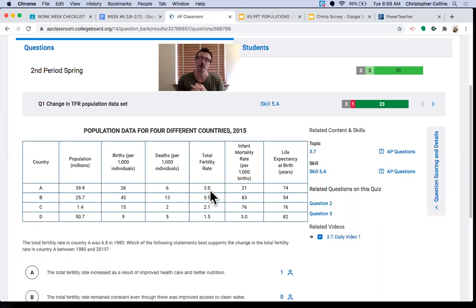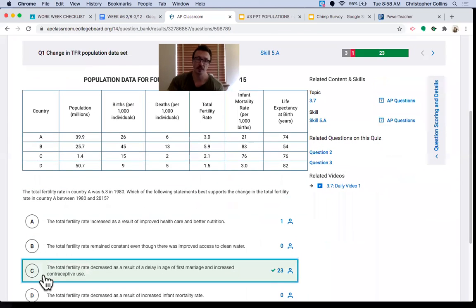They're going to have more employment opportunities. They're going to be getting married later on in life, and they'll have access to family planning, right? And so that will allow them to make conscious, informed decisions about the size of their family in years to come. So the best answer is the total fertility rate decreased as a result of a delay in the first marriage and increase in contraceptive use.